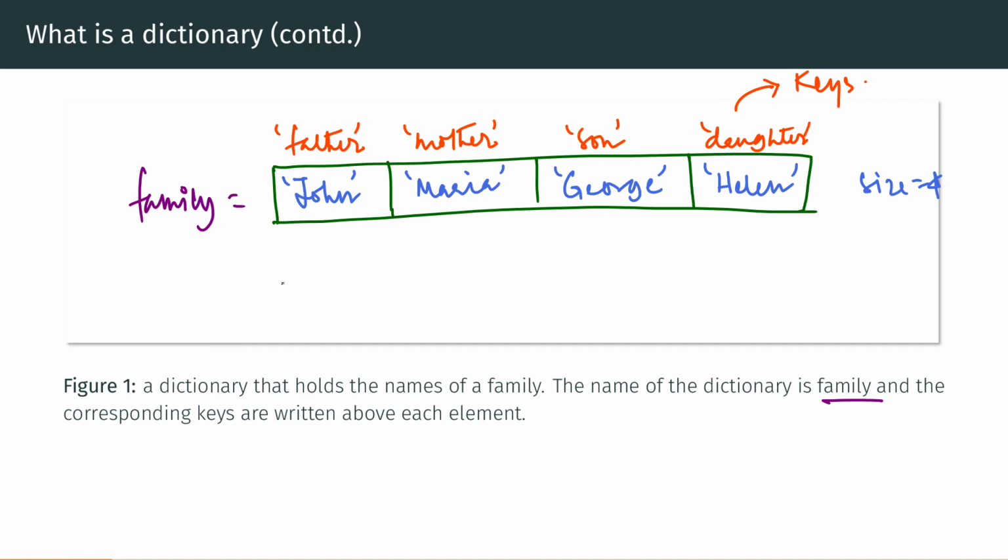It's the same thing, right? It'd say John, Maria, George, and Helen. But instead of these keys, you'd have indices, right? So this would be index 0, index 1, this would be index 2, and index 3.